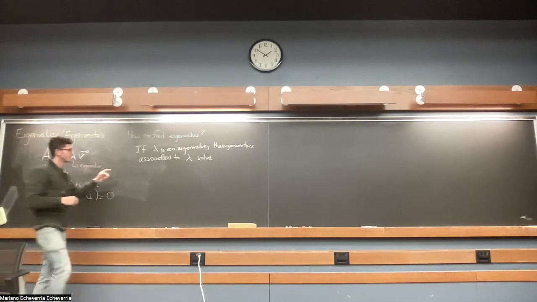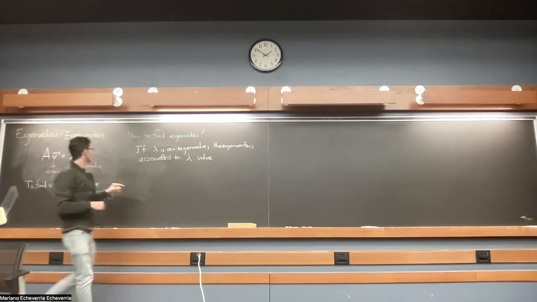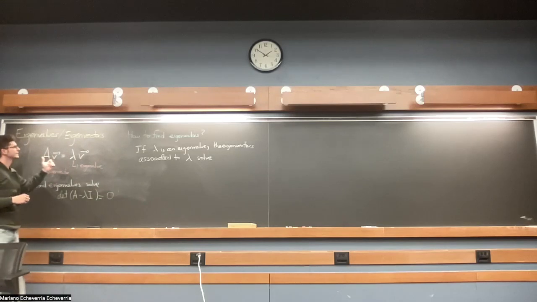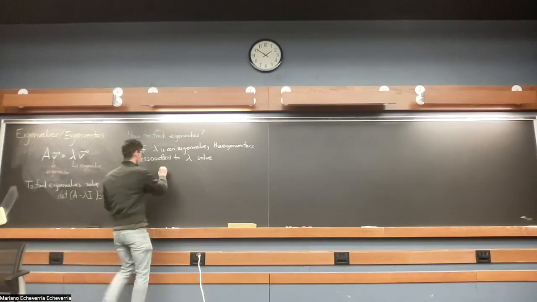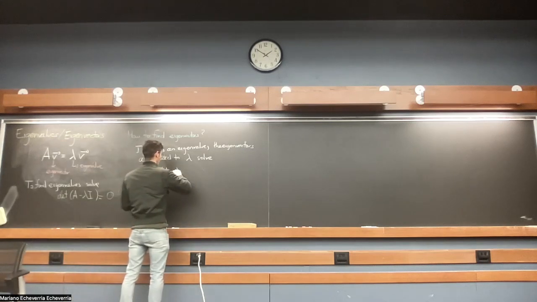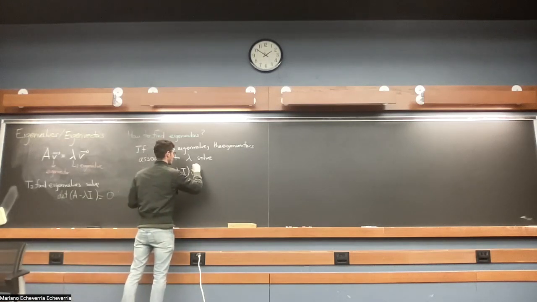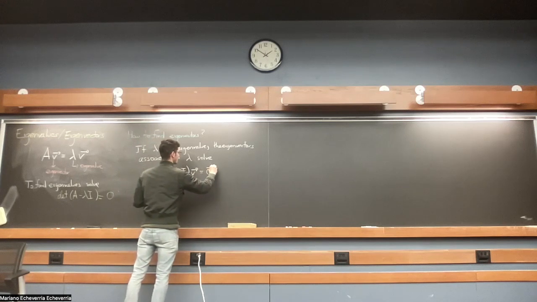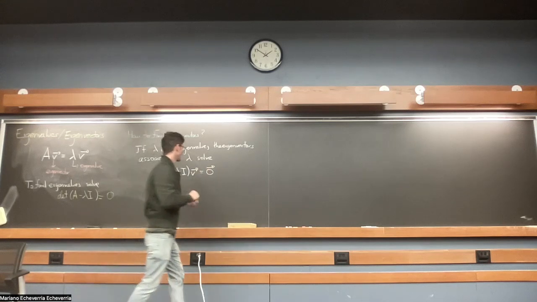It's basically this equation. It's just that we do the same as last time. You move this to the other side, factorize the b. So you get this equation, which is a homogeneous equation, right?